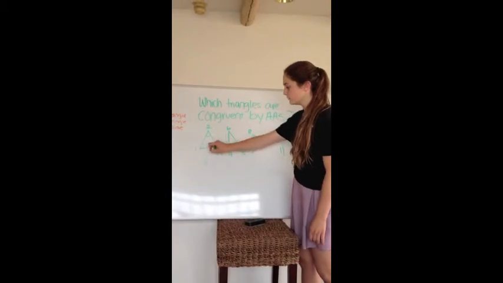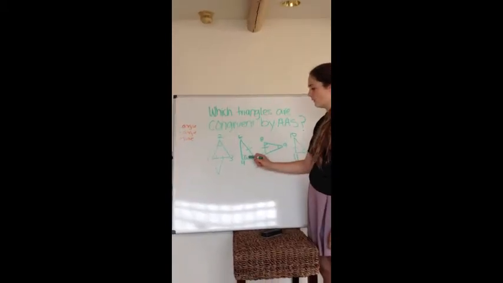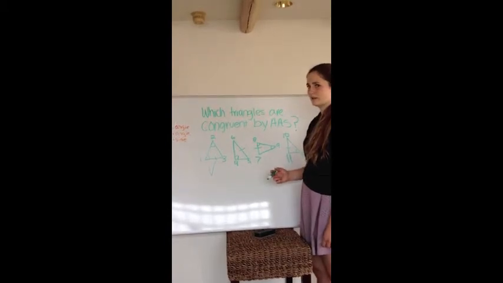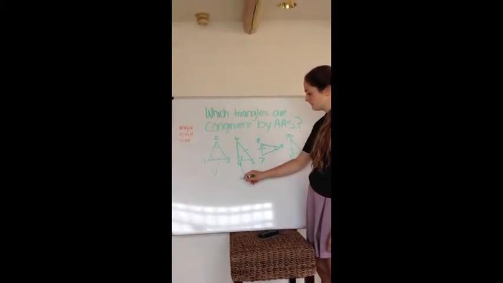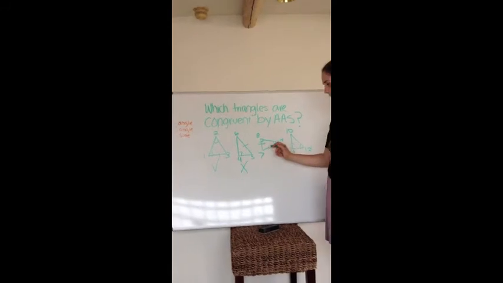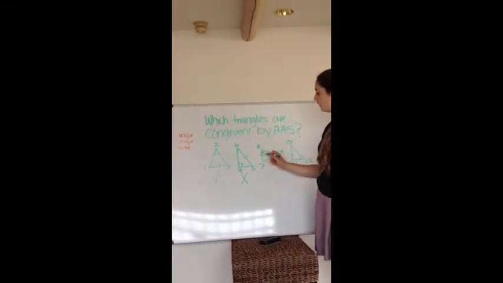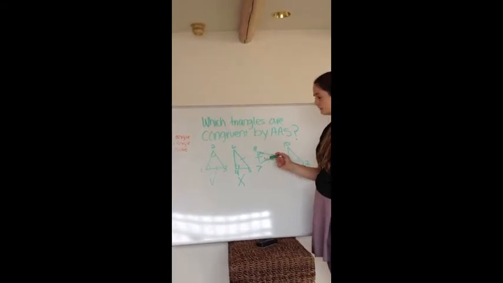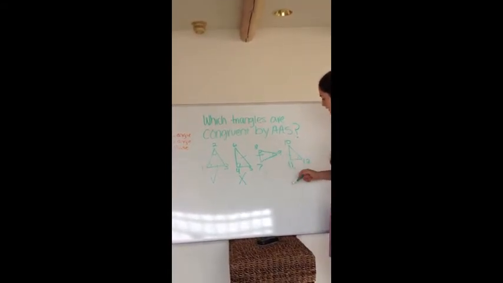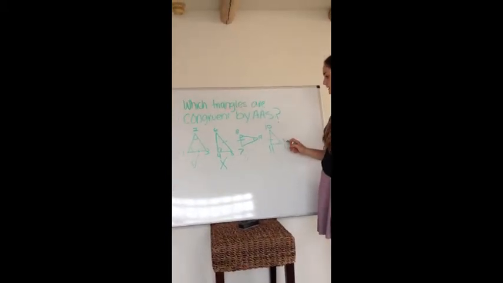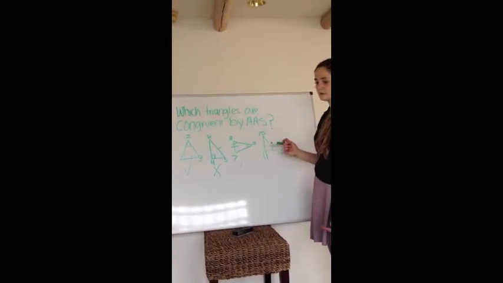So this one works. In this one, we only have one angle and one side, so that couldn't work with any theorem or postulate. In this one, we have two angles, which are good, and a side. One angle is included, so it works. In this one, we have another angle and another side, both in different places, but there's only two.